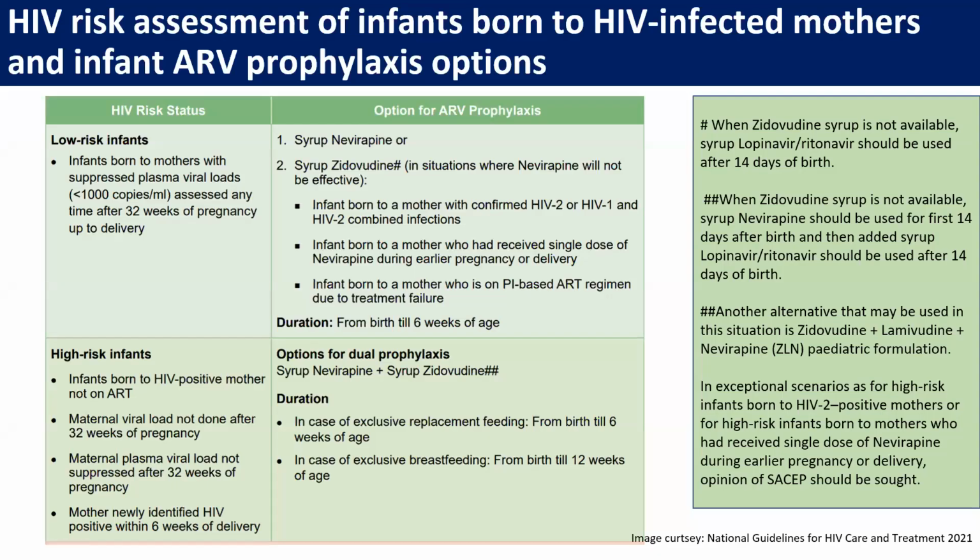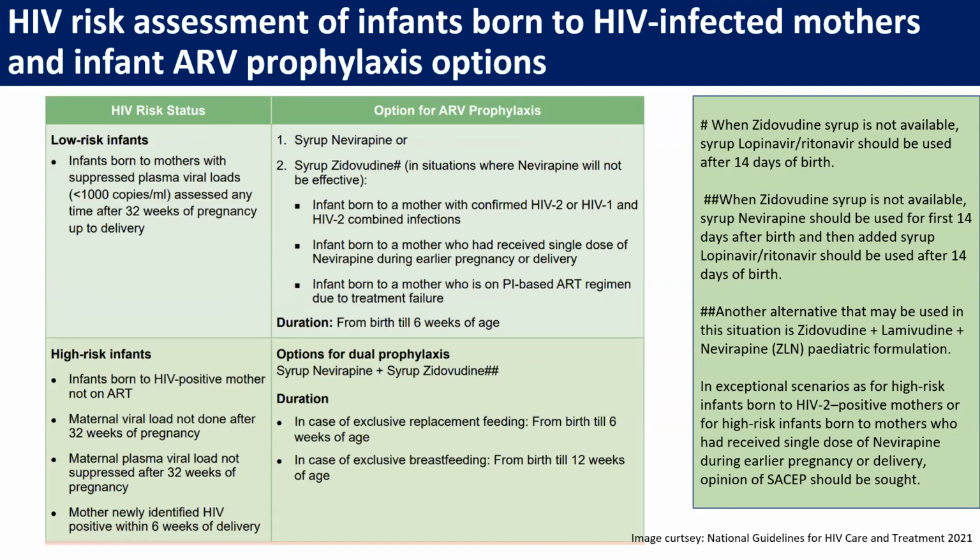To advise ARV prophylaxis, we need to categorize these infants into 2 groups: low-risk infants and high-risk infants. Low-risk infants are infants born to an HIV-infected mother whose plasma viral load is completely suppressed, less than 1,000 copies, when assessed anytime after 32 weeks of pregnancy up to the delivery. So if late pregnancy viral load is suppressed, then these infants are categorized as low-risk infants.